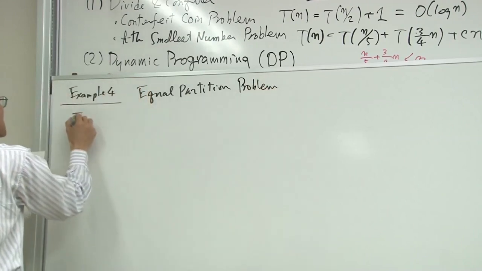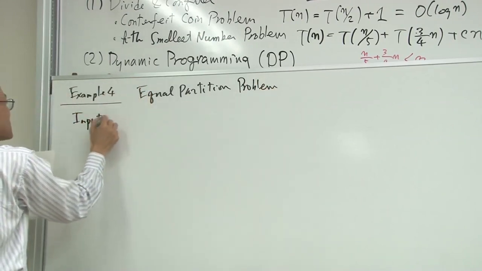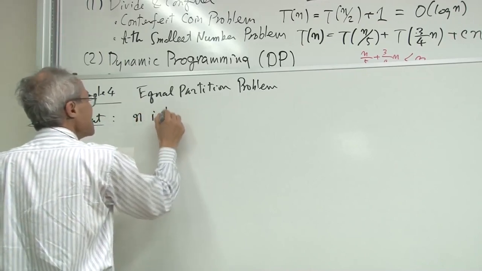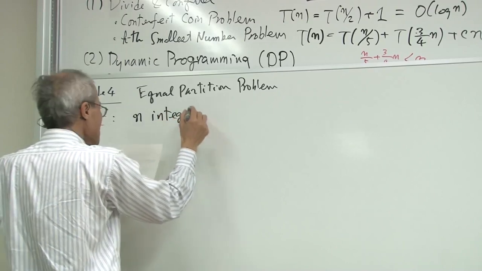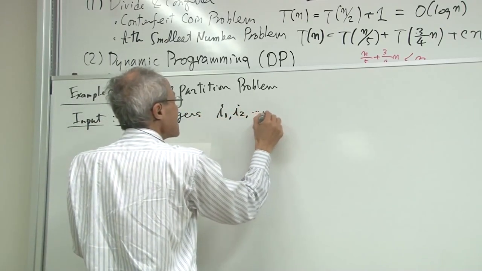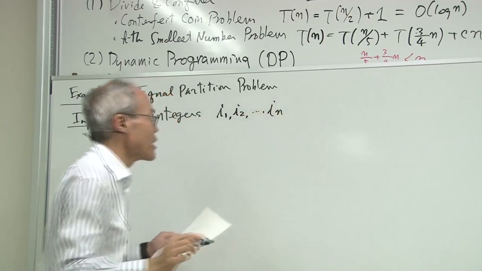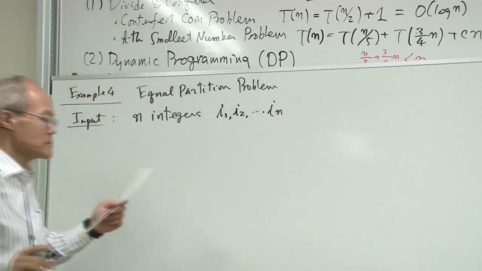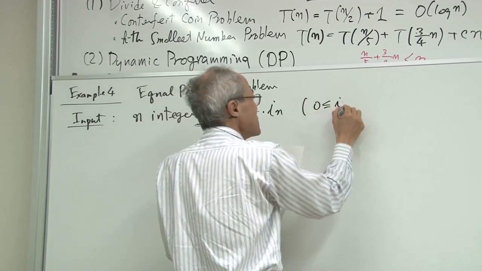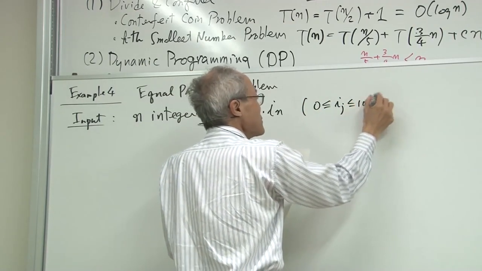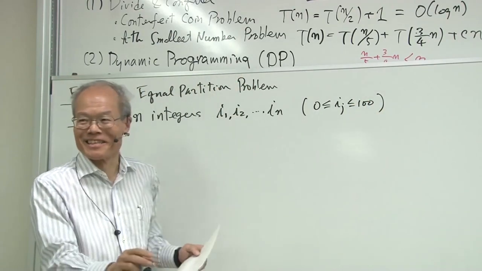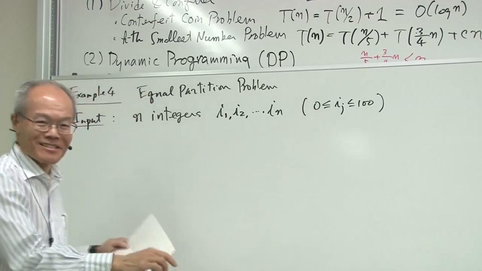Our input is n integers I sub 1, I sub 2, through I sub n, between 0 and 100, just like test scores.